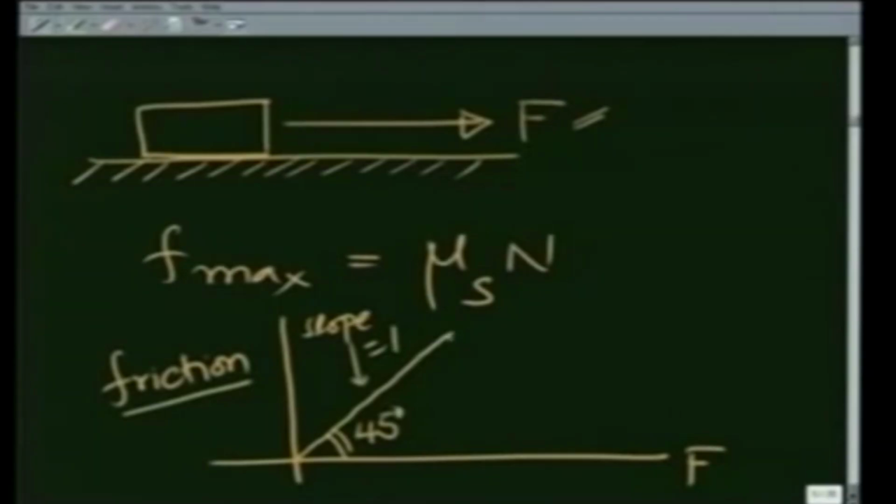And right when the applied force exceeds the maximum possible frictional force, the body would start to move and the frictional force may become a constant. I am drawing this line because this force drops slightly, as I will explain in the coming few minutes.